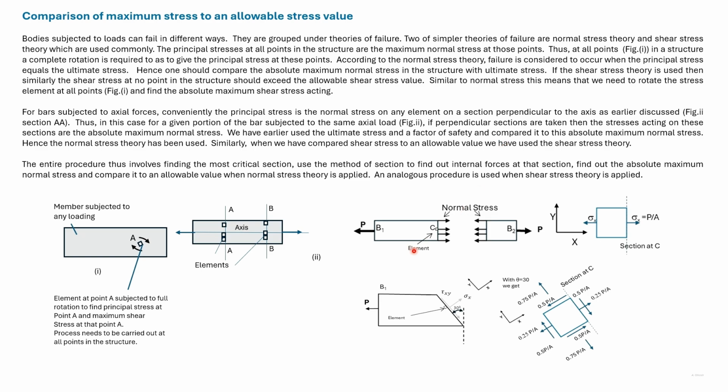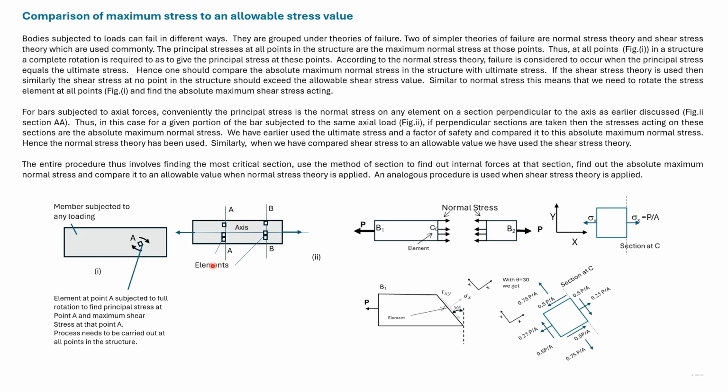We now rotate this element at different angles. We found that the normal stress is less than P by A at all the different angles. So P by A gives the principal stress.